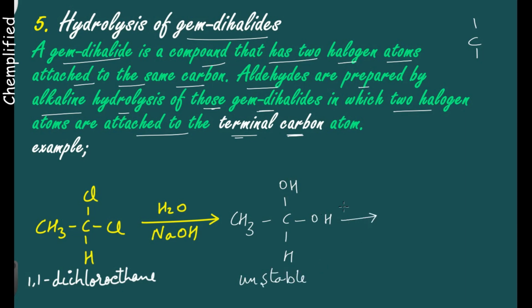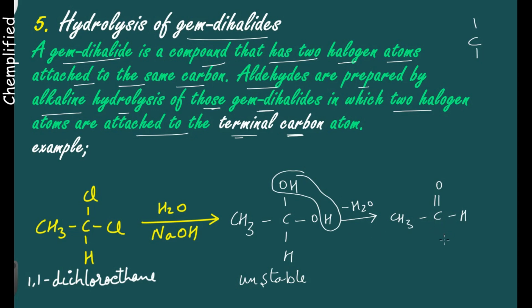Now what will happen is dehydration. The H2O molecule will be removed and you will get the final product. Let's take out the H2O molecule. Now this will be easy to understand.